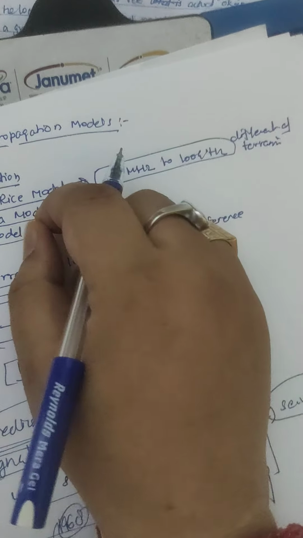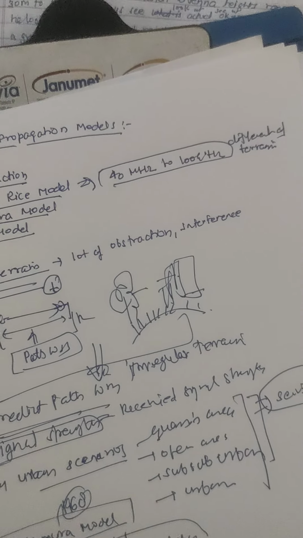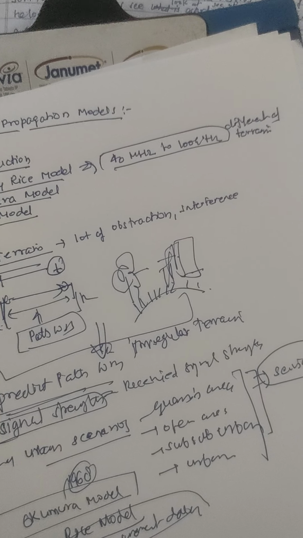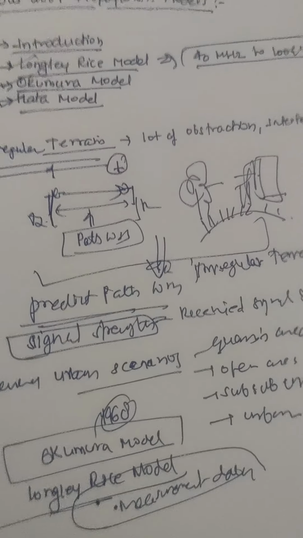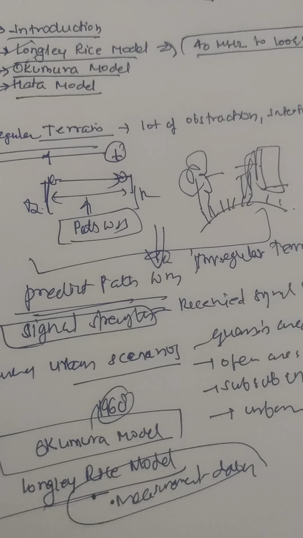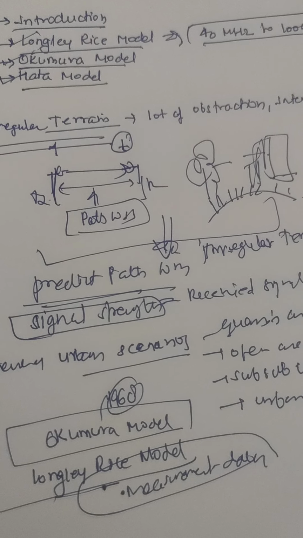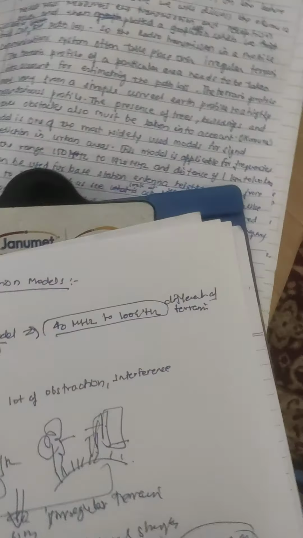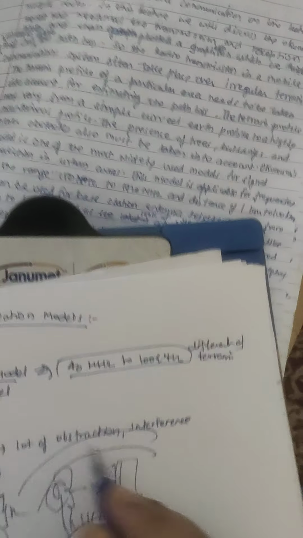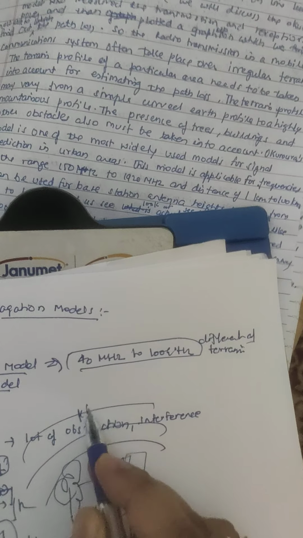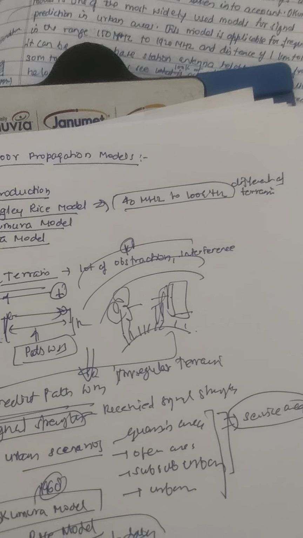The median transmission loss is predicted using the path geometry of the terrain profile and the refractivity of the troposphere.